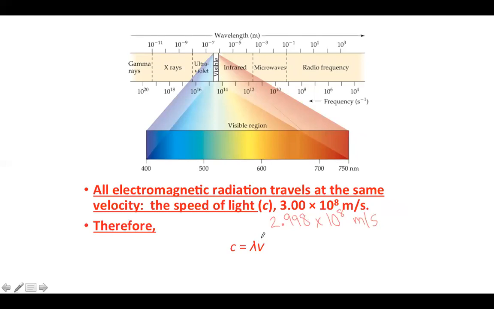The equation that relates the speed of light to wavelength and frequency is also on your reference sheet. c is in meters per second, and that's a constant. Wavelength needs to be in meters, and frequency is in hertz, or inverse seconds. So what this equation allows you to do is, if you're given the wavelength, you can find the frequency using this relationship.